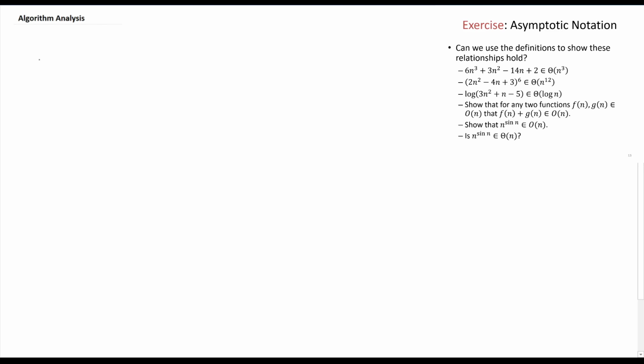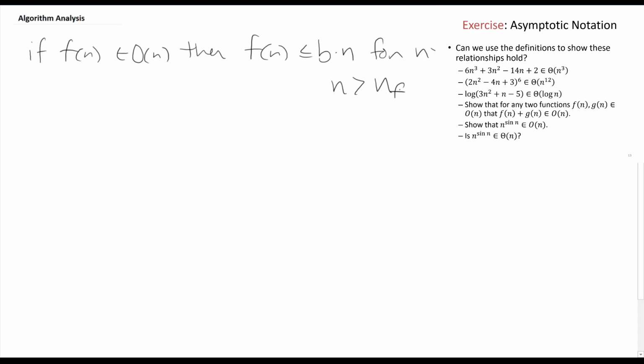So to do that, we are going to rely directly on the definitions. And so I'm going to remind ourselves that if f of n is in big O of n, then that means f of n is less than or equal to b times n for n greater than nf.